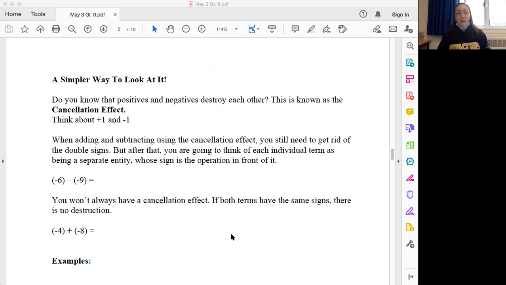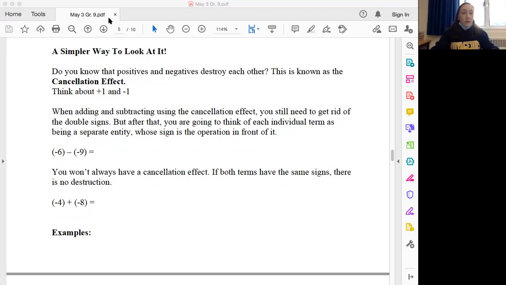So when adding and subtracting using the cancellation effect, you still need to get rid of the double signs, but after that, you're going to think of each individual term as a separate entity whose sign is the operation in front of it.